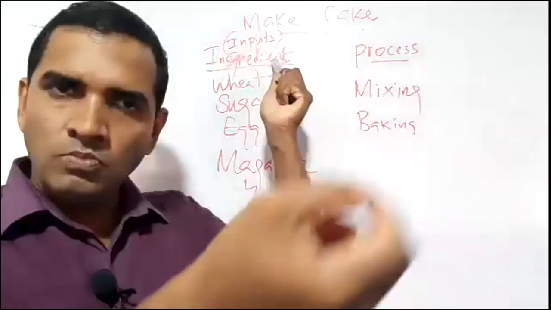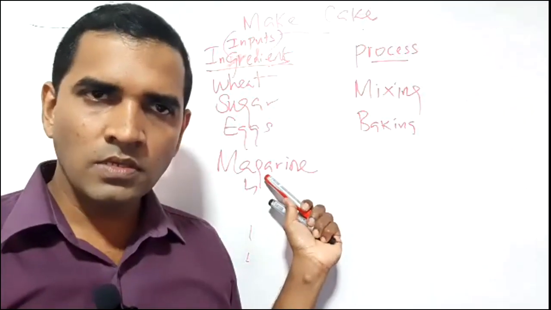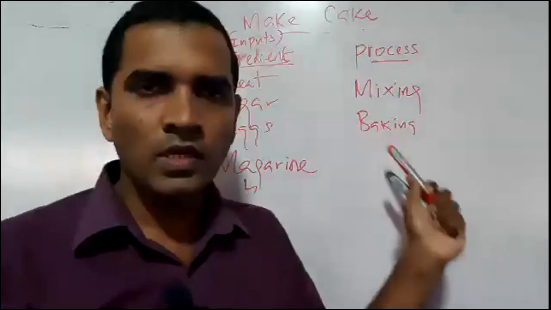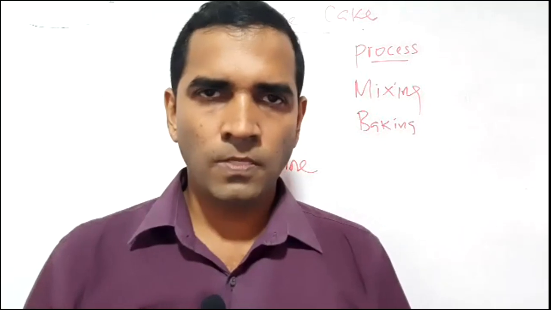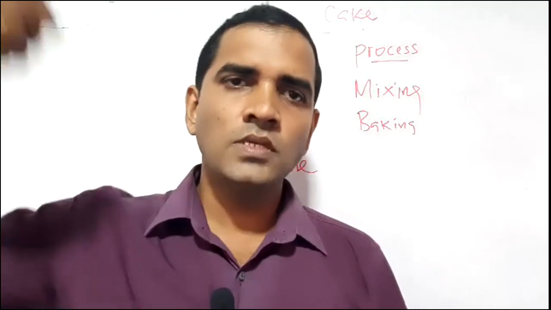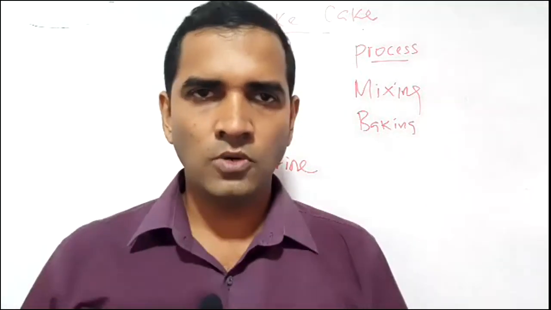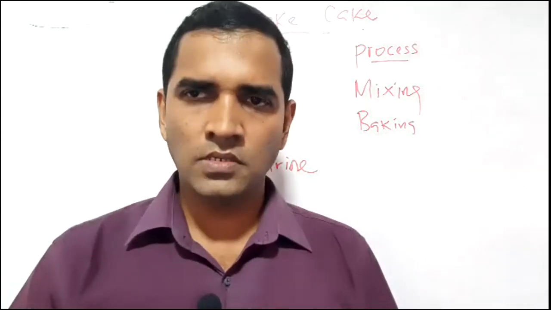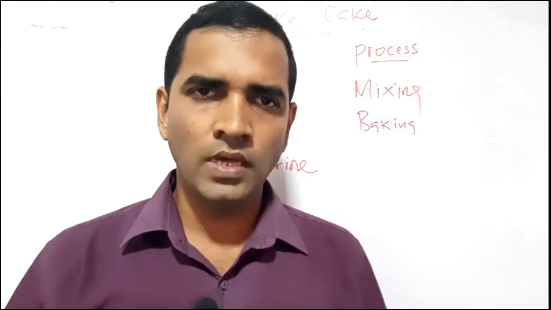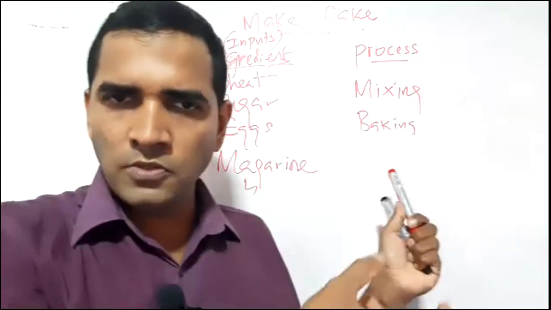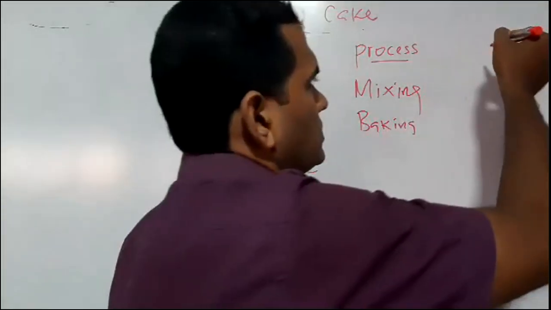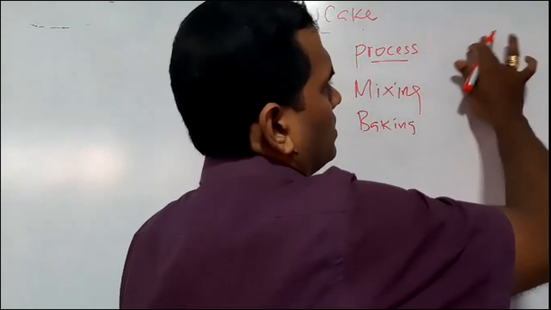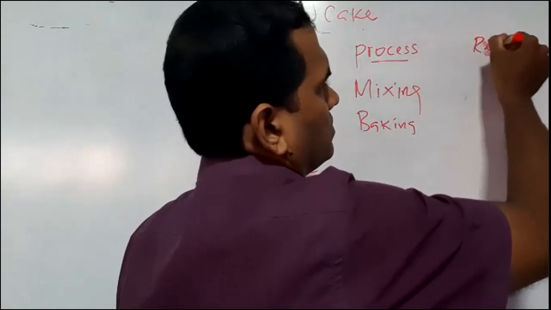So you brought the ingredients and then you involved them in processes. As a result of the process, there is an outcome, or I can say there is a result. Because things are involved in a process, definitely there is a result. So I can write that as output, or better, write result.